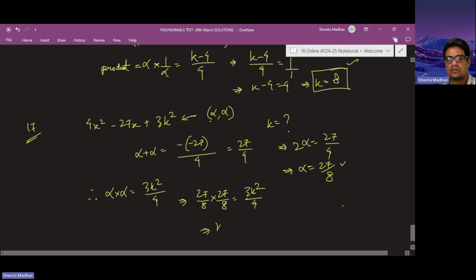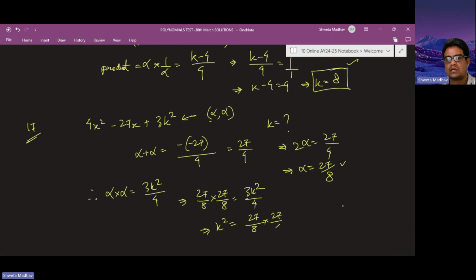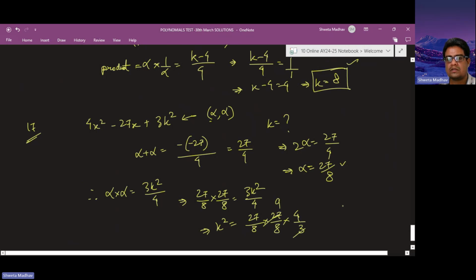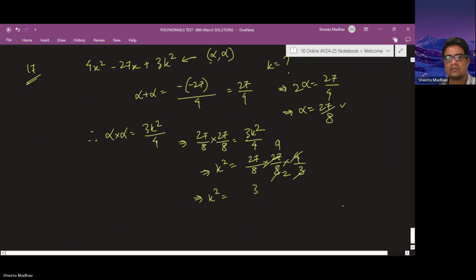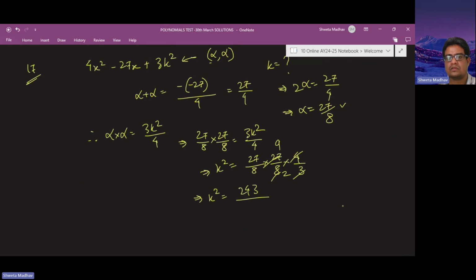So from here k square will be equal to 27 by 8 into 27 by 8 into 4 by 3.